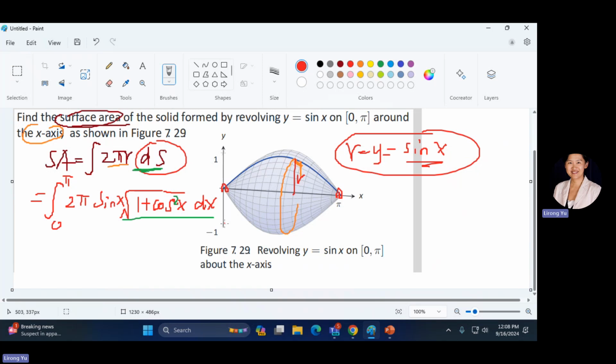Now we can observe that we can integrate this with the substitution method. If you call the 1 plus cosine squared of x as your u, then u equals 1 plus cosine squared of x, and du is equal to, according to the power rule, 2 cosine of x times negative sine of x dx.